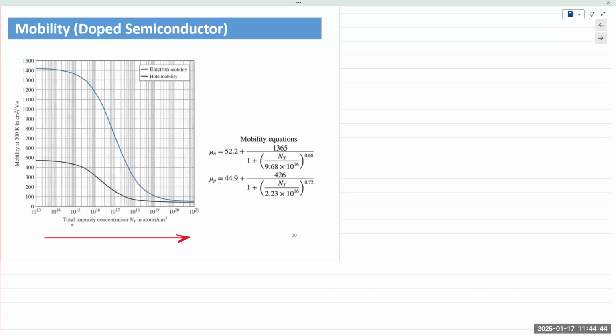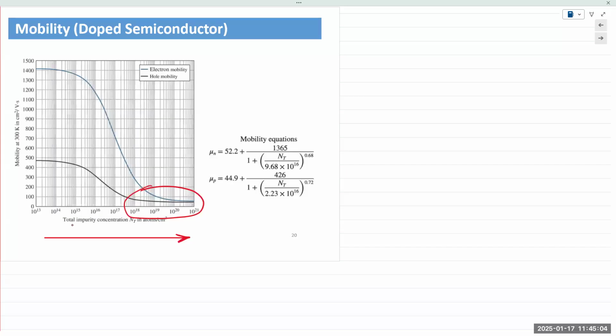And when it's crowded, the ease with which it moves through the structure is reduced. Hence, mobility, which measures the ease of movement, decreases. So with increasing concentrations, the mobility ends up saturating, right around here.